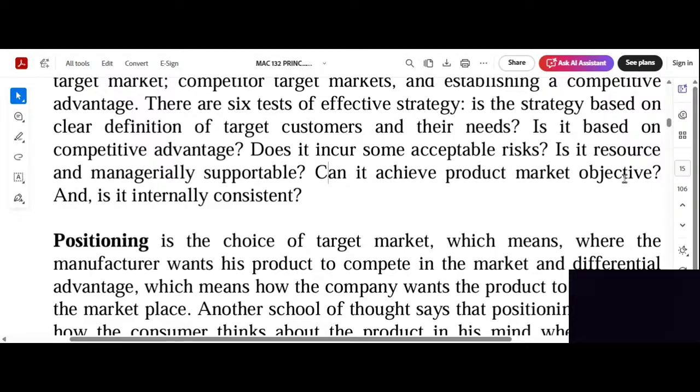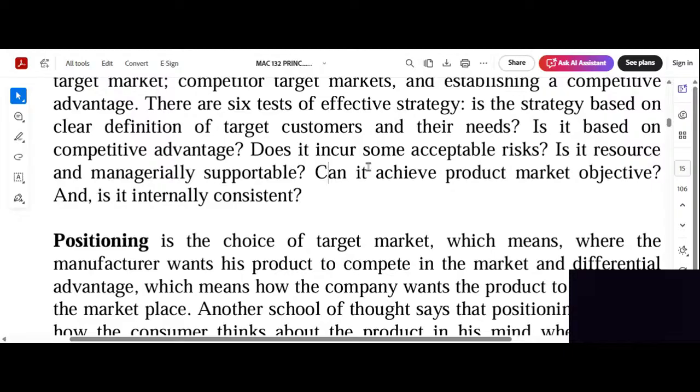Now, another one is, can it achieve product market objective? Don't forget that the main reason why you are trying to use strategy is that you have some set of objectives that you want to achieve by marketing. So you need a plan, a strategy to achieve those objectives.